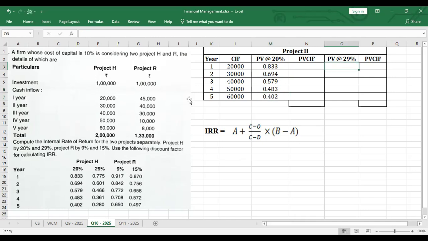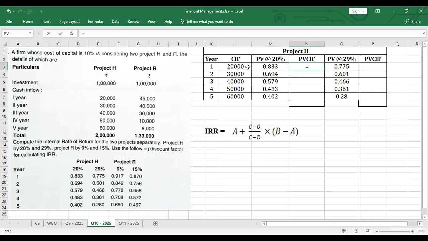Next, for the 29% discount rate, the first year is 0.775, 0.601, 0.466, 0.361, 0.280.